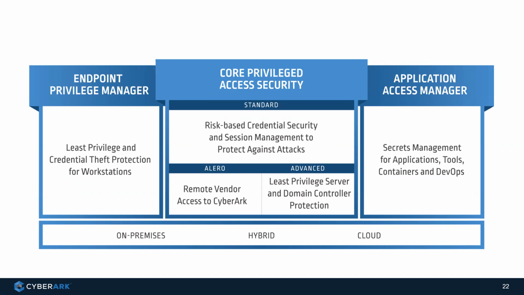So if a vendor has five employees and one leaves, you can just delete or deactivate this account in the Alero cloud, and you will have four licenses active and one more to be utilized. An Alero subscription may be bought into an existing environment if the customer has licenses for external contractors, like the external users of the Core PAS, or internal users, and would like to utilize these licenses.